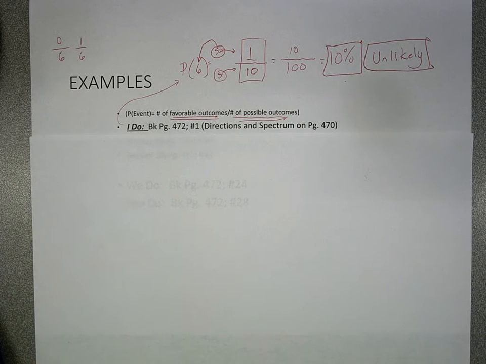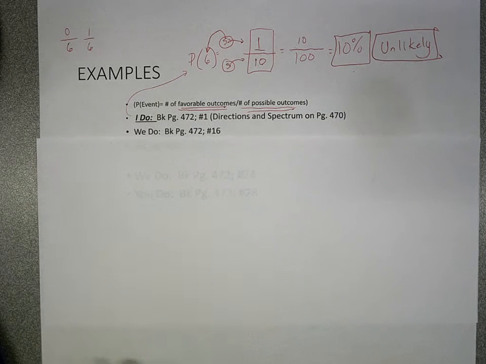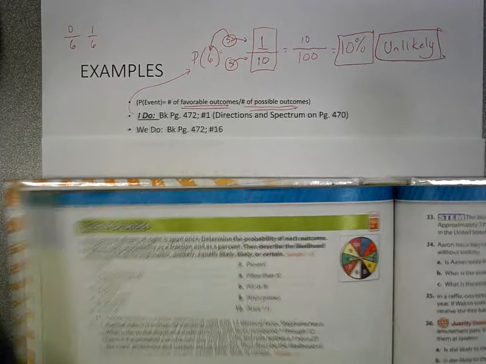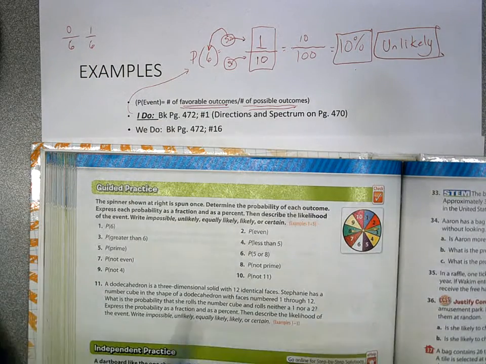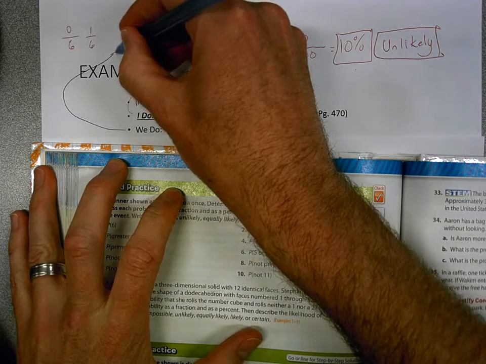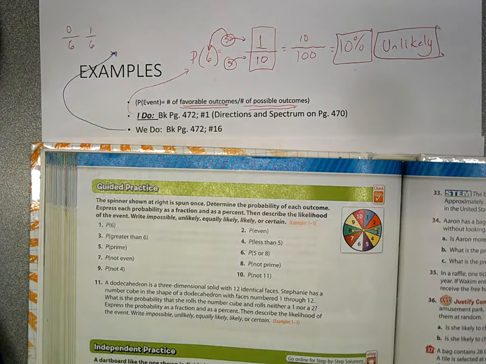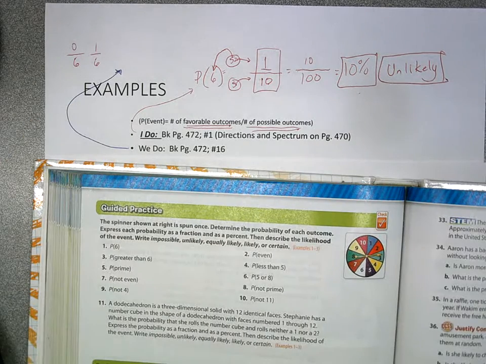Okay, so let's do this next one together. I started writing the steps on that last one, but we're really going to write the steps on this one. Go ahead, and on the same page, let's take a look at problem 16. All right, here we go. Problem 16.